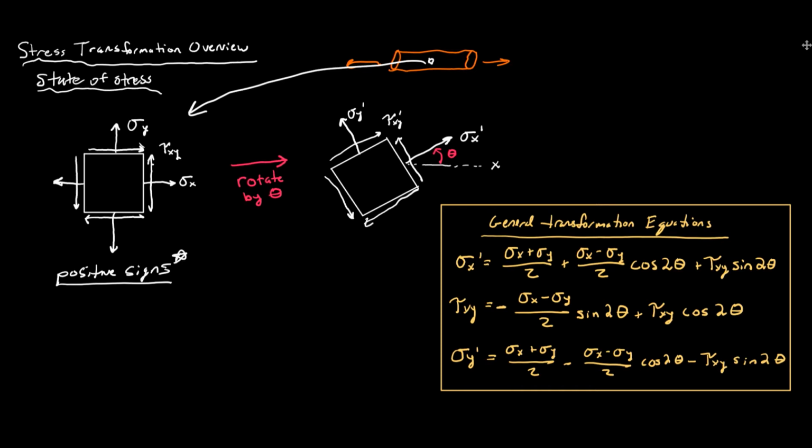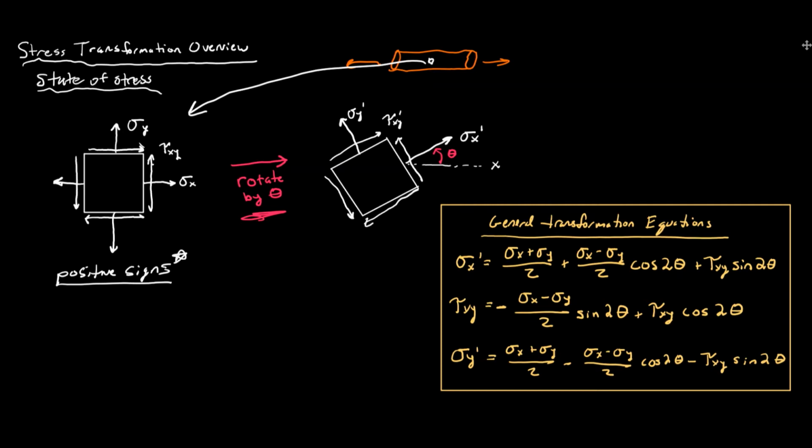And you can imagine, let's say we took this element on the left and we rotated it by some angle theta. These stresses, the normal stresses and the shear stress, these values would change.